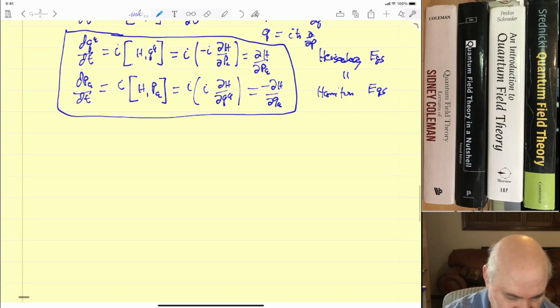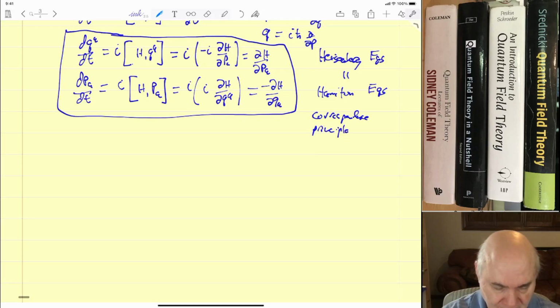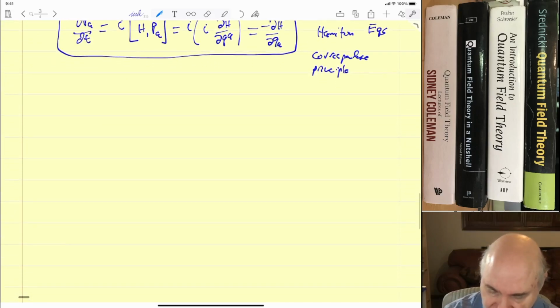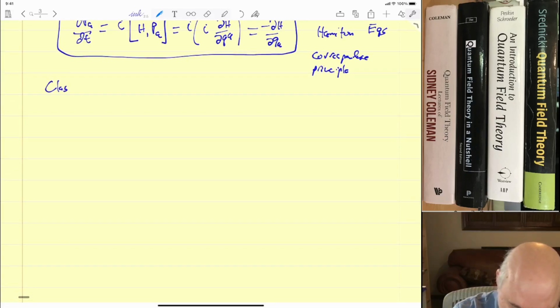So that's nice. That's where the correspondence principle comes from. Okay, so that's our lightning review of quantum mechanics. Again, I'm not going to do any examples.